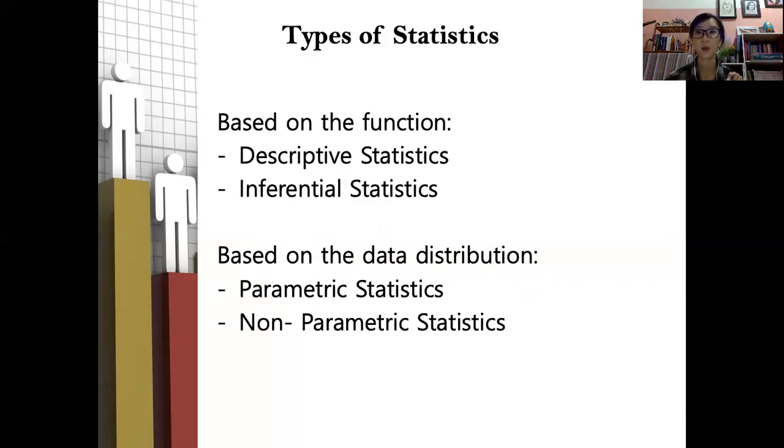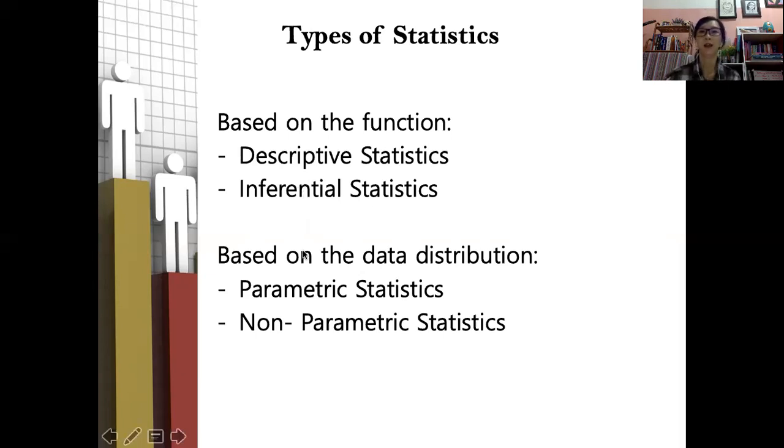And then the second one is inferential statistics. From the name, you can actually guess the function of these different types of statistics. Descriptive statistics, from the name descriptive, the function is to describe. And then inferential statistics, the function is to infer.